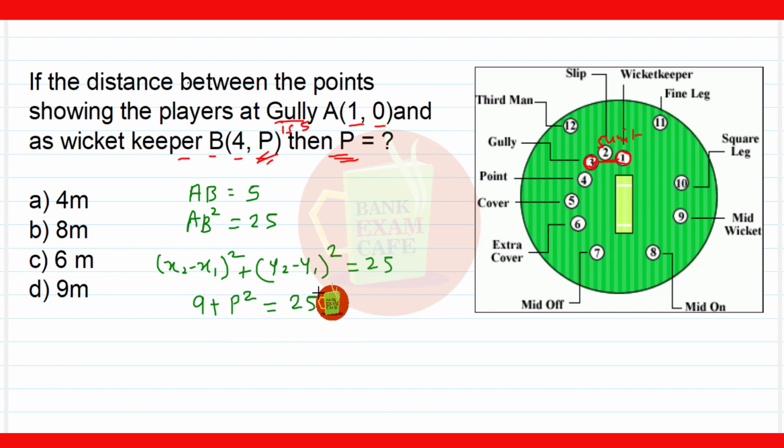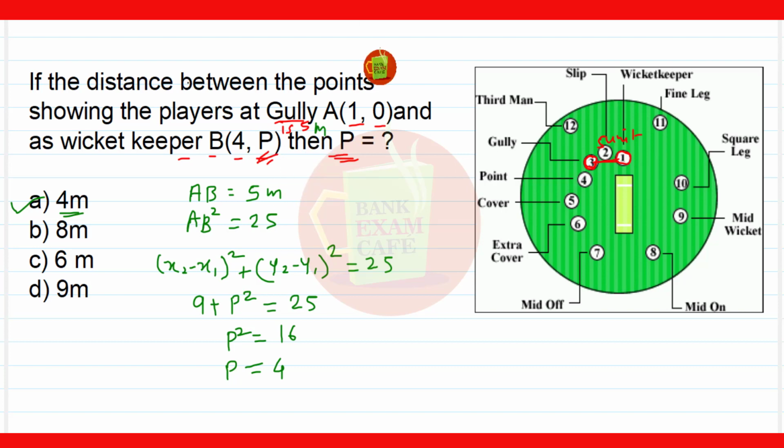So take 9 to this side, so 25 minus 9 will be equal to 16, so p square is equal to 16, and therefore taking square root of both sides, p will be equal to 4, and therefore the correct option is 4 meter. This is 5 meter. So AB is given as 5 meter and you have to find the value of P, meaning the y coordinate of the wicket keeper where he is standing.